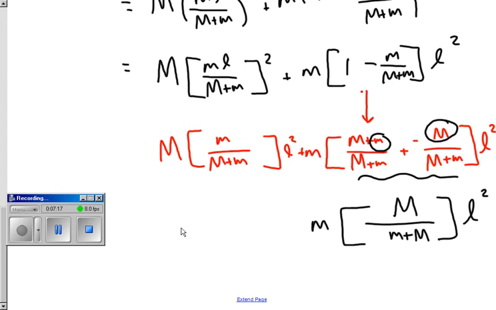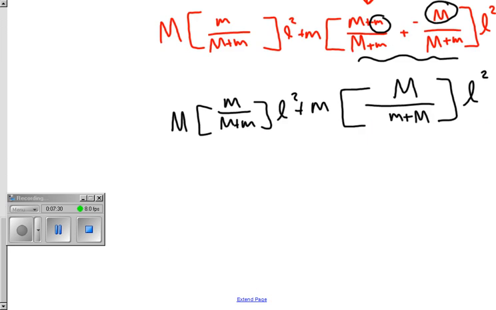As we go through here, we are left with M times all of this, M over M plus m, L squared. And now, you might be thinking those look exactly the same, but they are not quite.